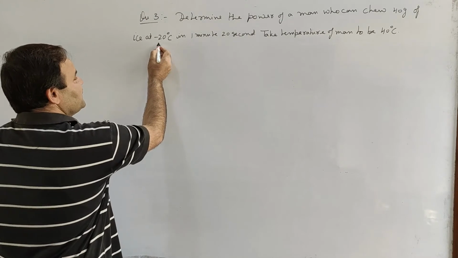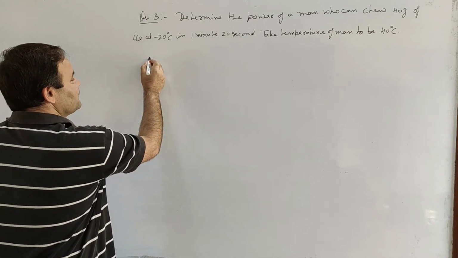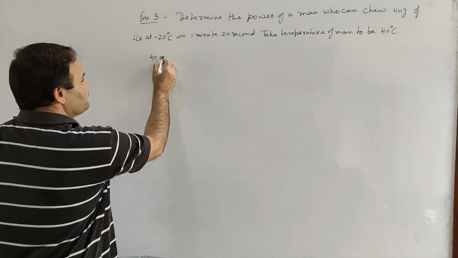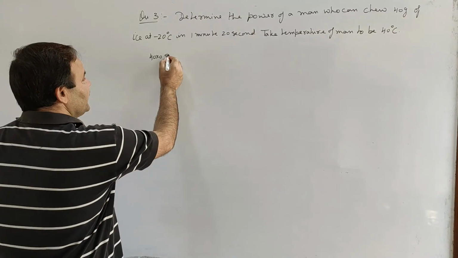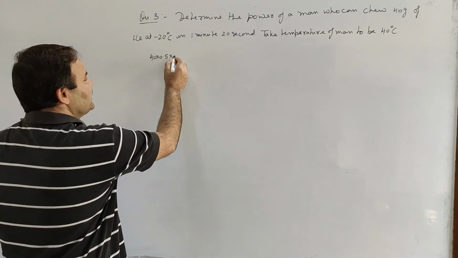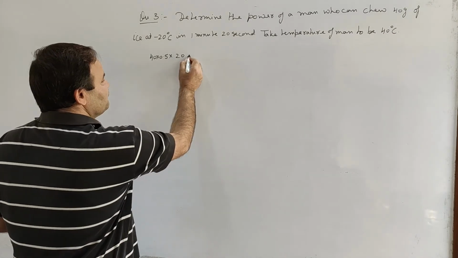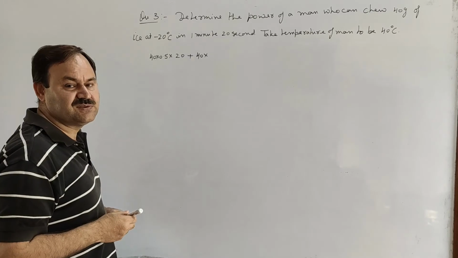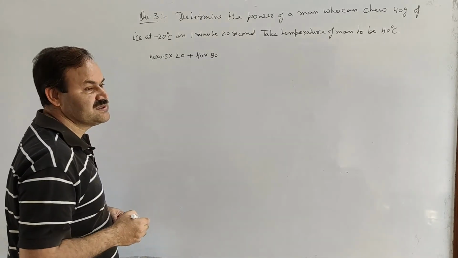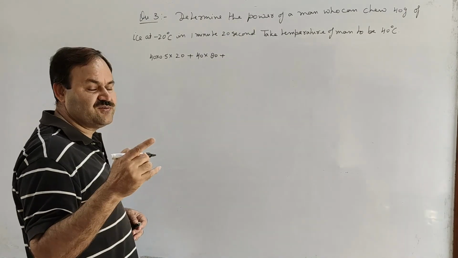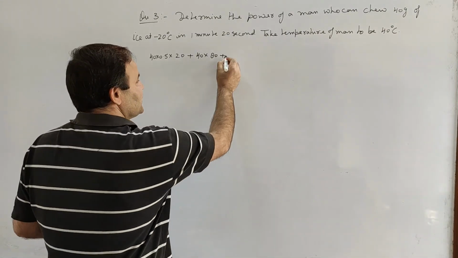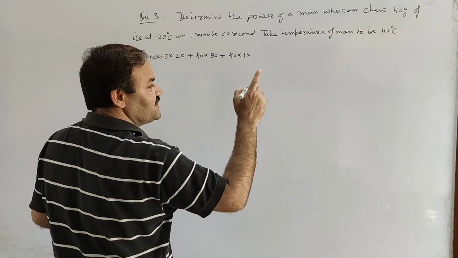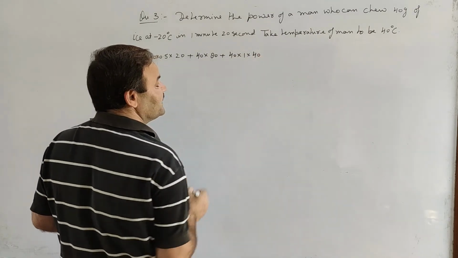First, for changing temperature from -20 to 0 degree Celsius, heat supplied will be mass, 40 gram, specific heat capacity of ice is 0.5 calorie per gram per degree Celsius, into change in temperature, from -20 to 0, that is 20 degrees Celsius, plus change of state, mass is 40 gram, specific latent heat of fusion of ice is 80 calorie per gram, plus change of temperature from 0 to 40 degrees Celsius, mass is 40 gram, specific heat capacity of water is 1 calorie per gram per degree Celsius, into change in temperature of water from 0 to 40, that is 40 degrees Celsius.